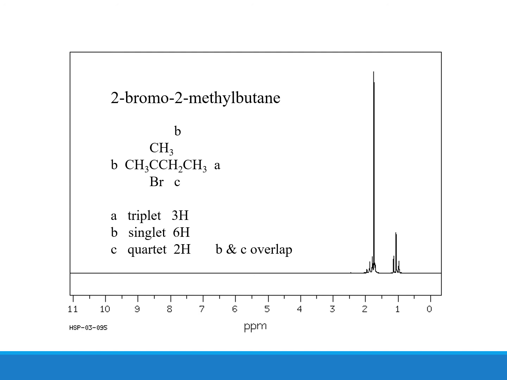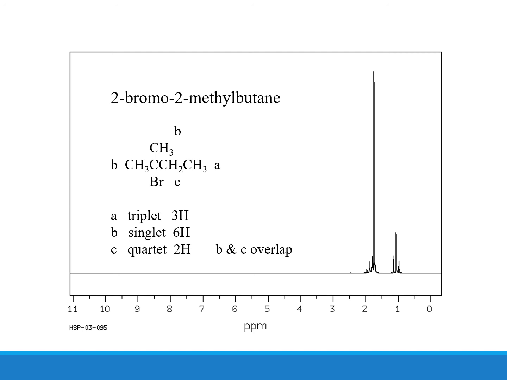However, these 6 hydrogens are not neighbored with any of the other hydrogen atoms. That's why all these 6 hydrogens appear as a singlet, right?